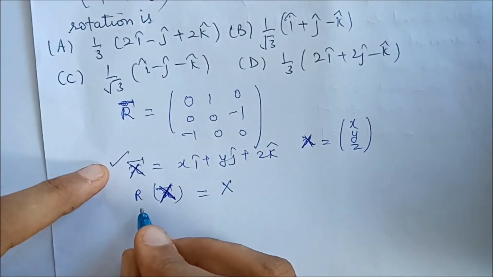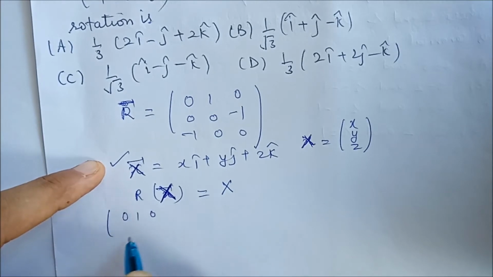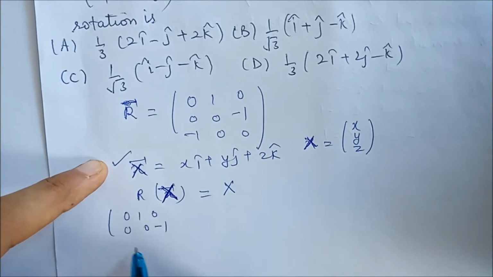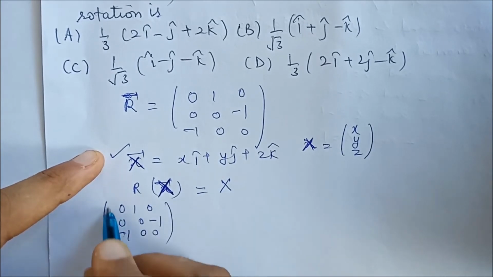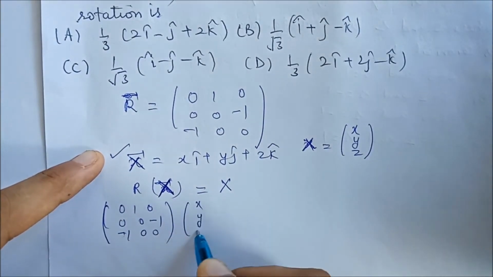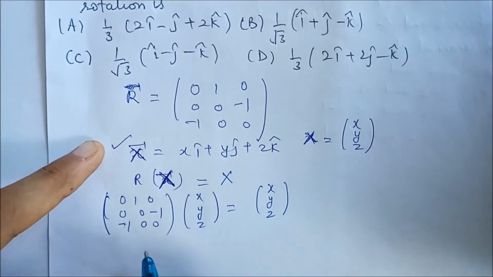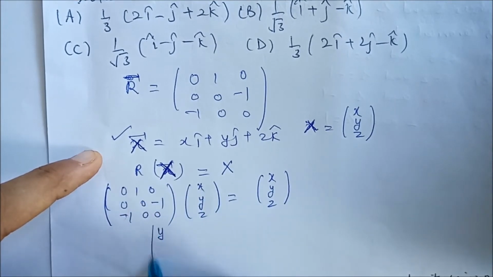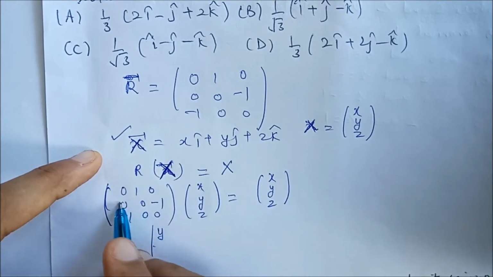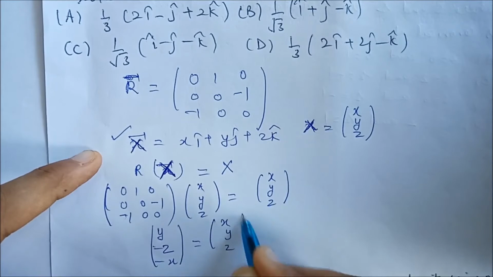So we substitute the values of R and x, and the right side is x, y, z. Now matrix multiplication gives y, minus z and minus x, equal to x, y and z.